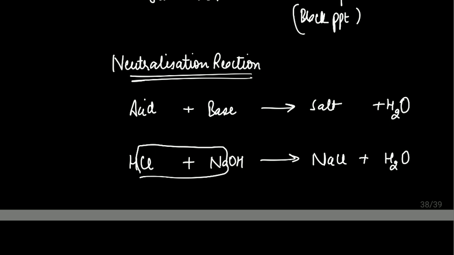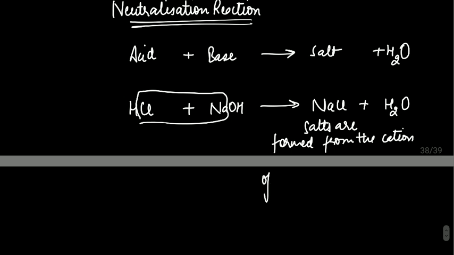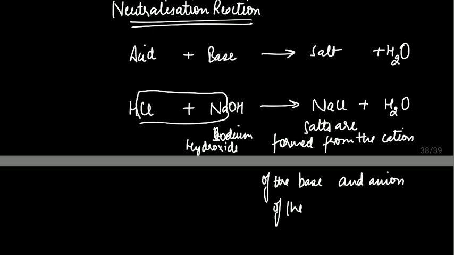And do remember, when we talk about NaCl, salt, salts are formed from the cation of the base, the base over here being sodium hydroxide, and the anion of the acid.